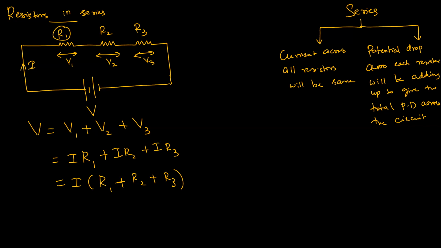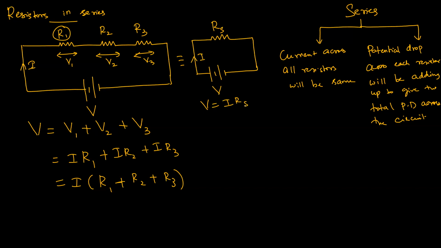Now, what should I do with this V? I will draw another circuit where all three resistors are replaced with one resistor, which I will call RS. If the potential difference here is V and the current is I, then V will be equal to I into RS.